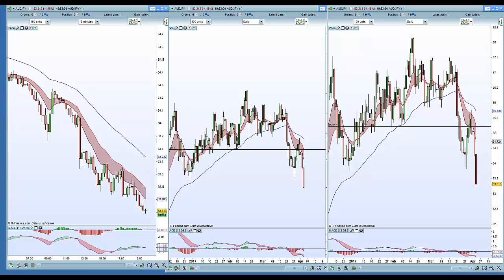Just give me a moment and let me sort out something. Okay, so Aussie yen. Most of the yen pairs are similar, all very bearish.